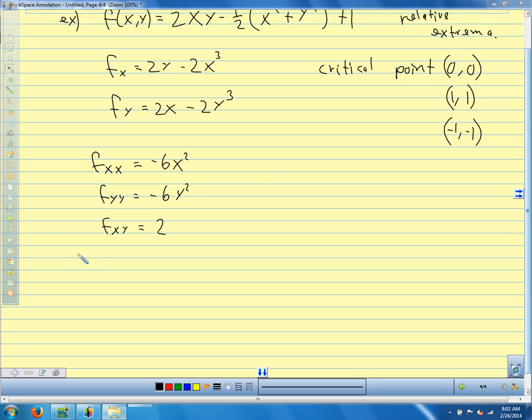So f sub xx at 1, 1, I get -6. Our second partial with respect to y at 1, 1, I get -6. So D here comes out to be 36 minus 4. So we get greater than 0.